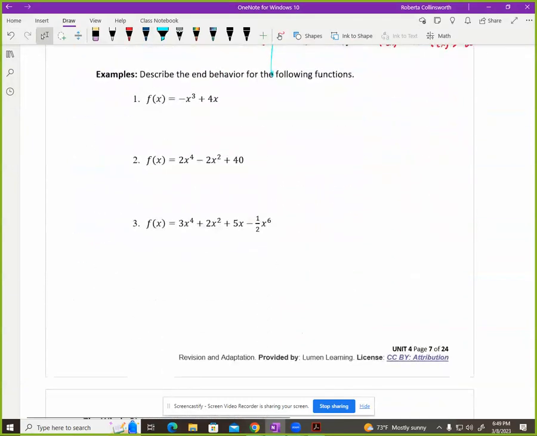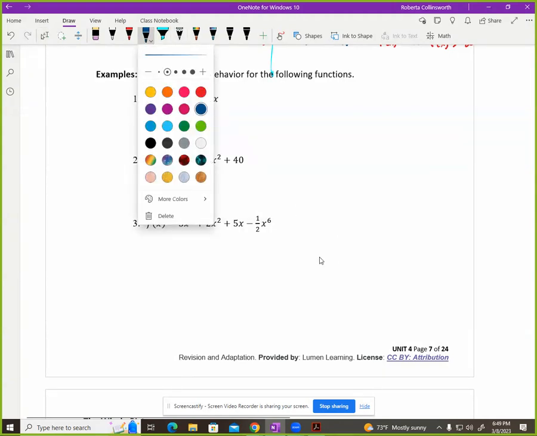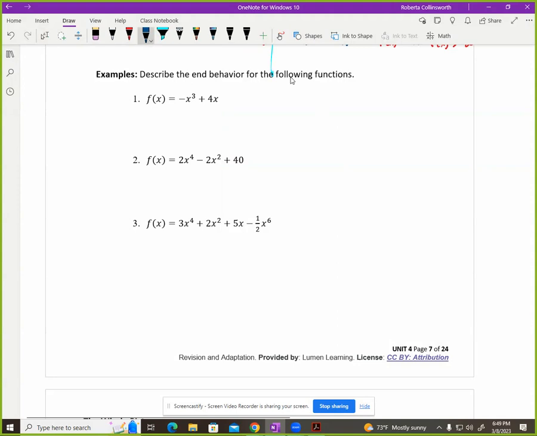So now let's look at some examples. I have f of x equals negative x cubed plus 4x. So the very first thing I'm going to do is what I previously did. Make sure this is in descending order. Identify my leading term.